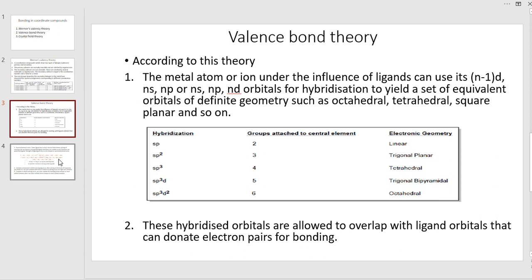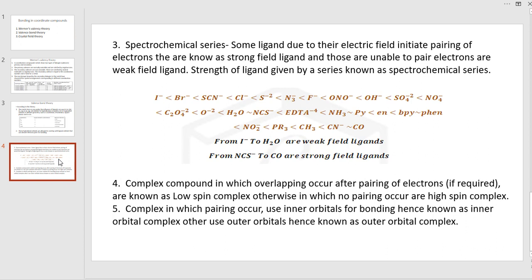Now the next point is that the strength of a ligand is described by a series. Strength for what? Ligands are negatively charged or have a lone pair of electrons, so obviously they produce some electric field.